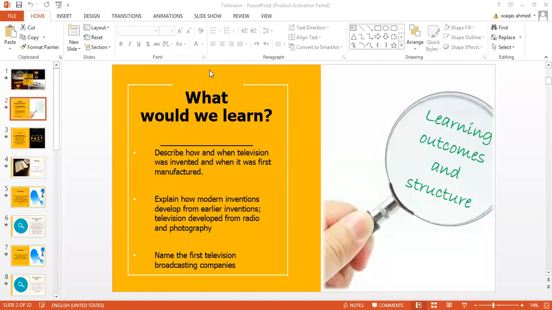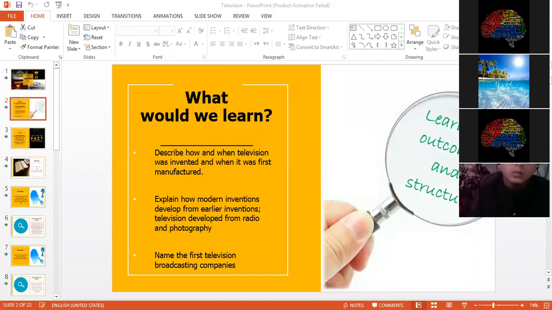And the third thing is that we'll be able to tell the names of the first television broadcasting companies in the world and in Pakistan. So these are the 3 things which we'll be discussing in today's class, inshallah.